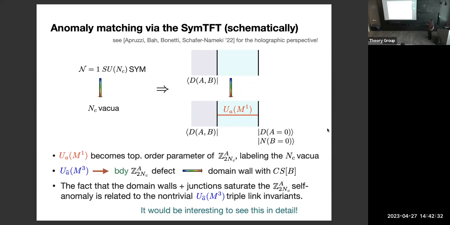And because the one-form center symmetry is unbroken in this phase, we expect it to satisfy Neumann boundary conditions on this side of the interval.